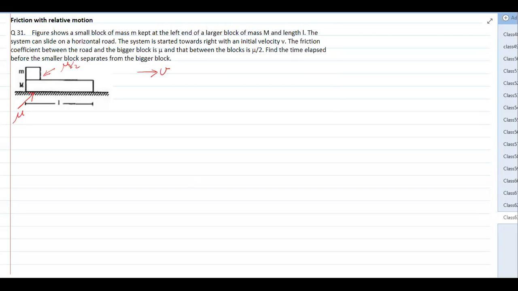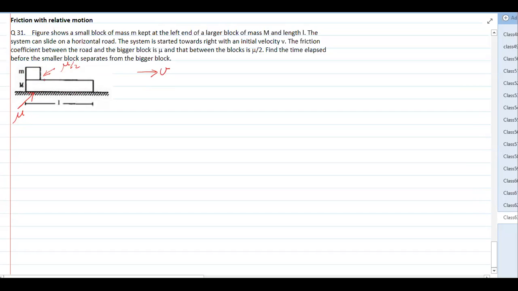First we have to see how will it separate from the bigger block. If these two objects are sliding rightward, there will be a large friction acting from the ground because of the large coefficient of friction, and these two objects will try to slow down. If the lower object tries to slow down, it will also try to slow down the upper object, but the upper object will experience a lesser amount of friction.